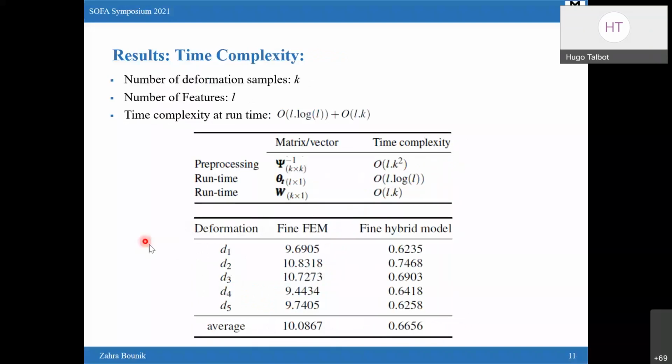To examine the time complexity based on the number of deformation samples K and the number of features L, we can see that, for example, the time complexity for computing W, the weights, is linearly dependent on the number of features and the number of samples.